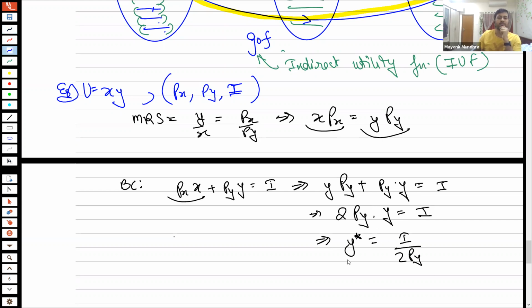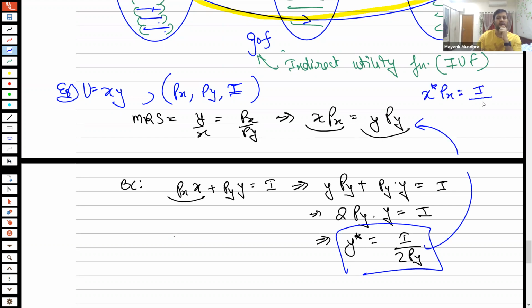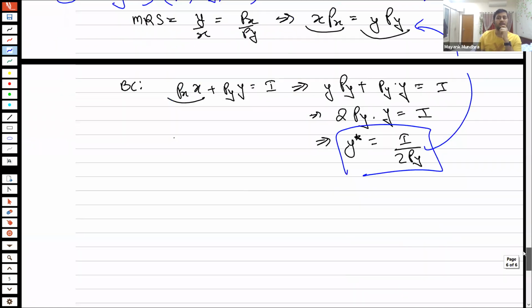And when I take this y star and put it back in here, what I get is x star into px is equal to y, which is I by 2py, into py. So the optimal bundle x star is equal to I by 2px. So the optimum bundle x star comma y star is equal to I by 2px comma I by 2py.